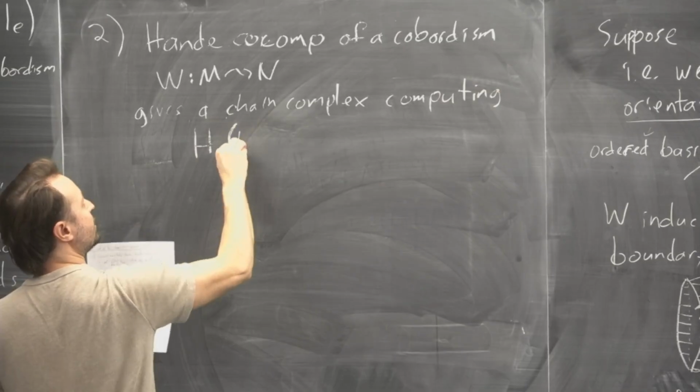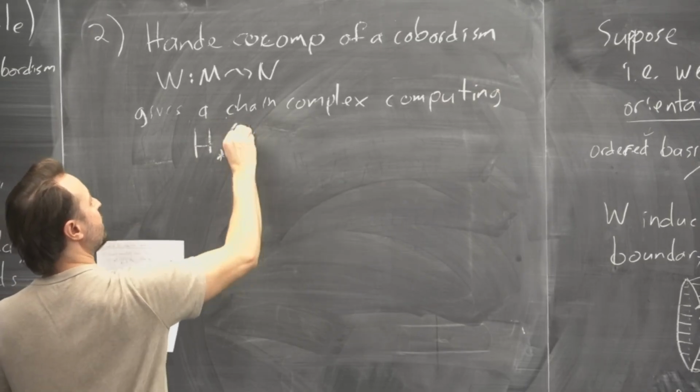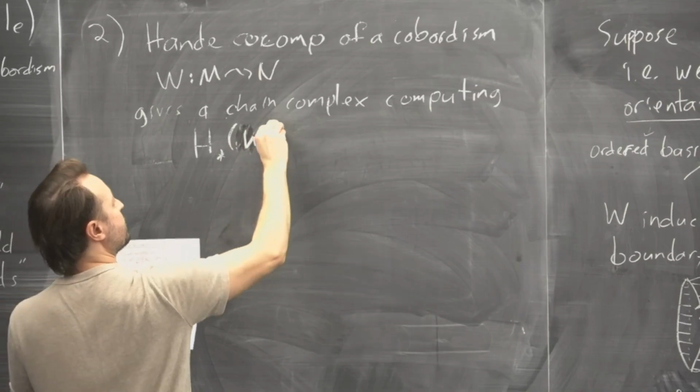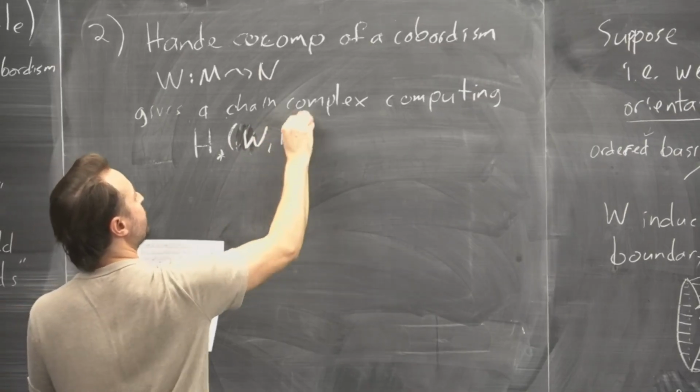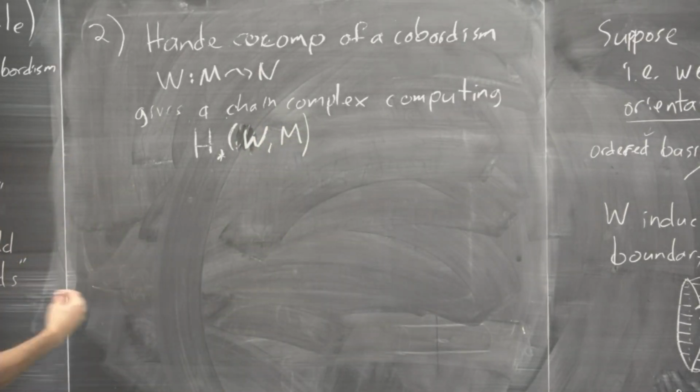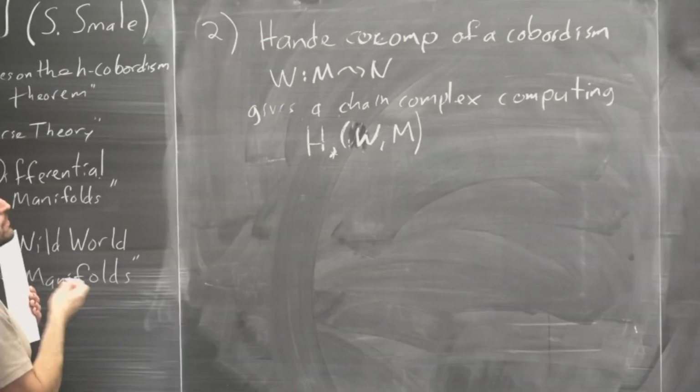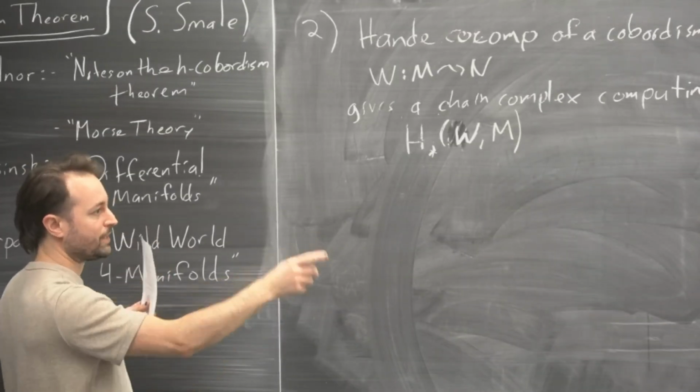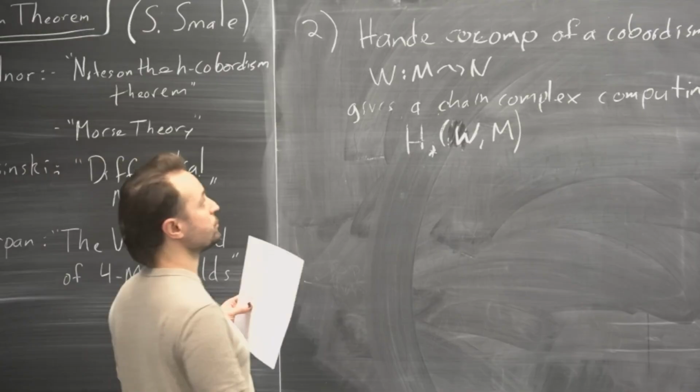Because everything in sight is simply connected, the thing that we're really interested in that determines homotopy equivalence between the cobordism and the end is computed using our really nice, handy handle decomposition.